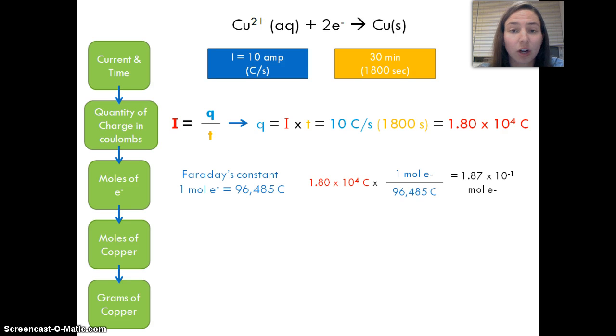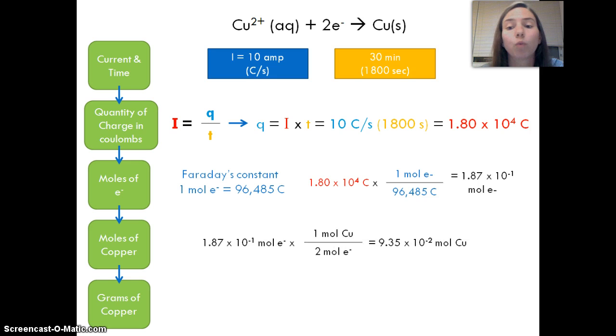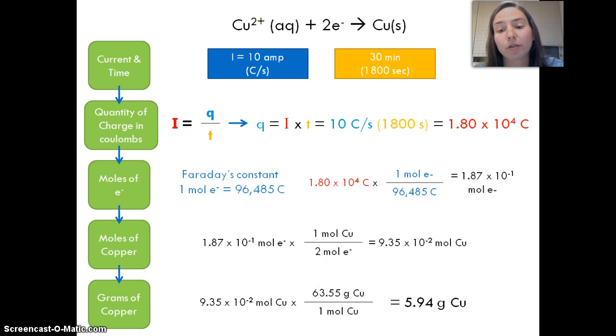Once I have my moles of electrons, I can look at the mole ratios in my balanced half reaction, and I can see that for every 1 mole of copper, I need 2 moles of electrons. So I'm going to divide the moles of electrons by 2, and that gives me the moles of copper. And then simply multiply by the molecular mass of copper to solve for grams of copper. So at 10 amps for 30 minutes, I can create 5.98 grams of copper.